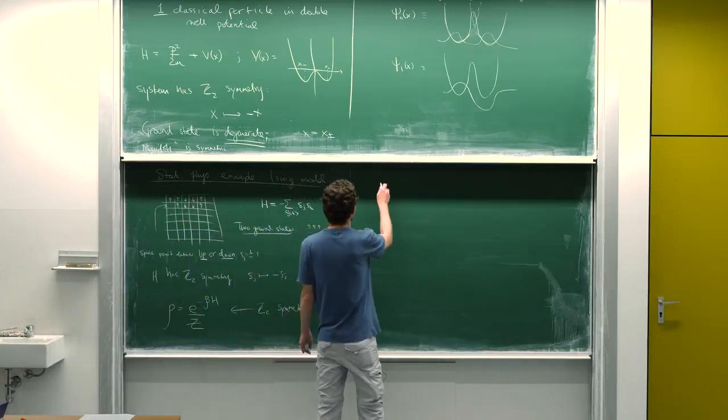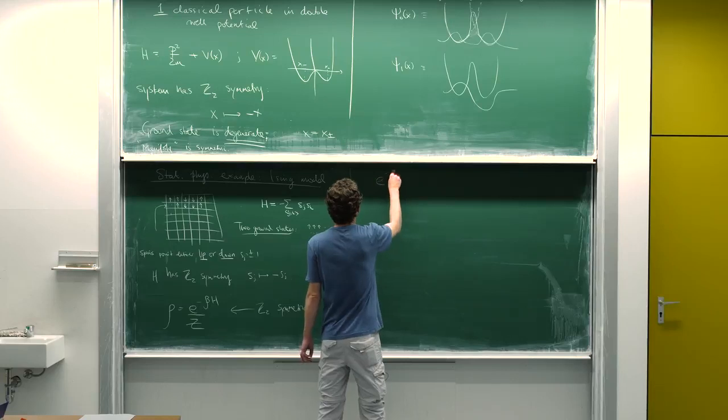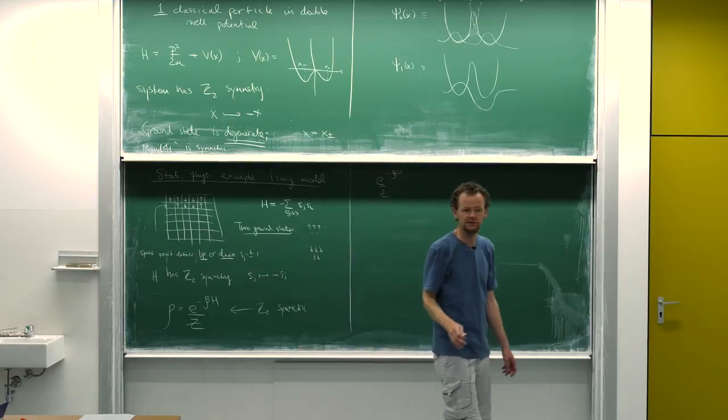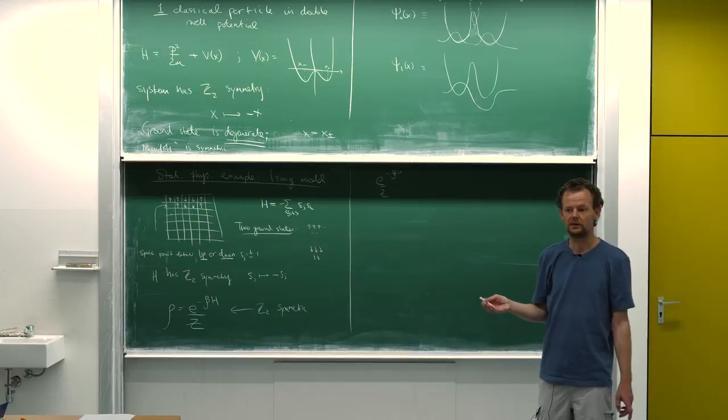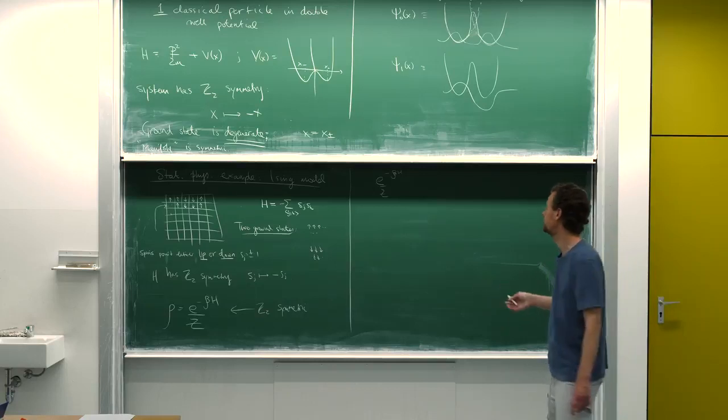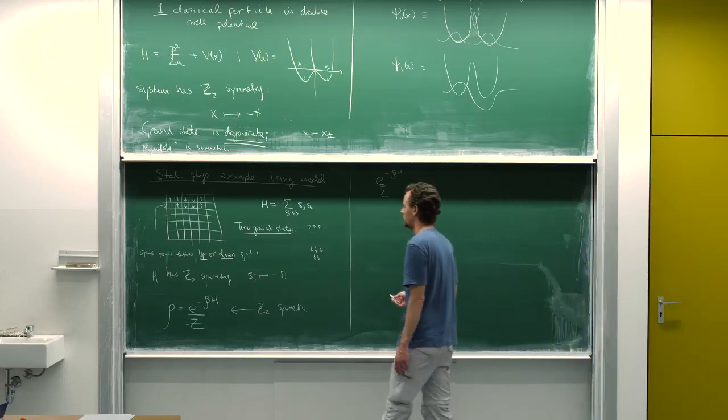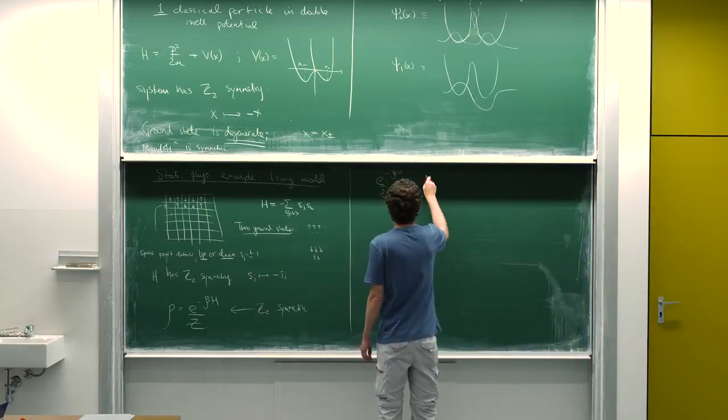But small fluctuations will lead to a breaking of symmetry in this model, depending on the temperature. So there is a critical temperature.